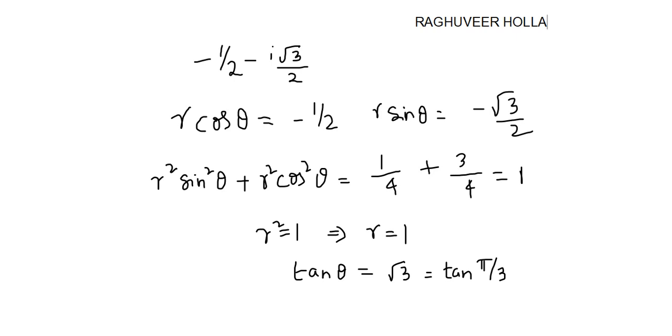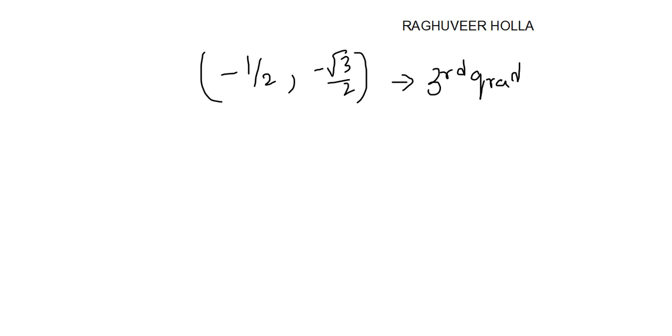Since (minus 1 by 2, minus root 3 by 2) lies in the third quadrant, the principal value of theta is minus pi by 3 minus pi. So you get this as minus 2 pi by 3.